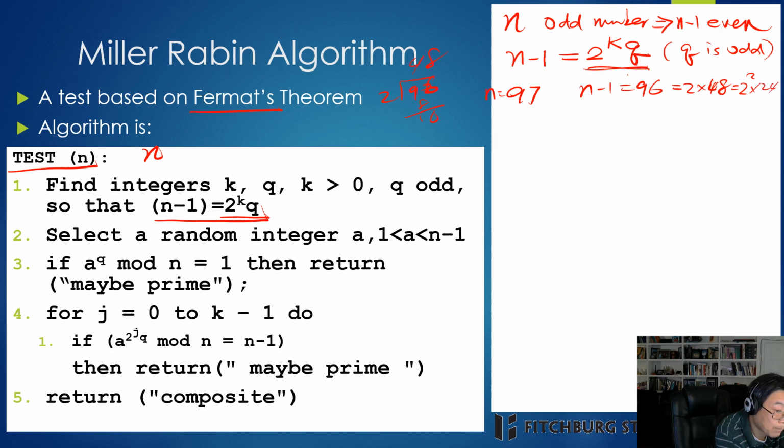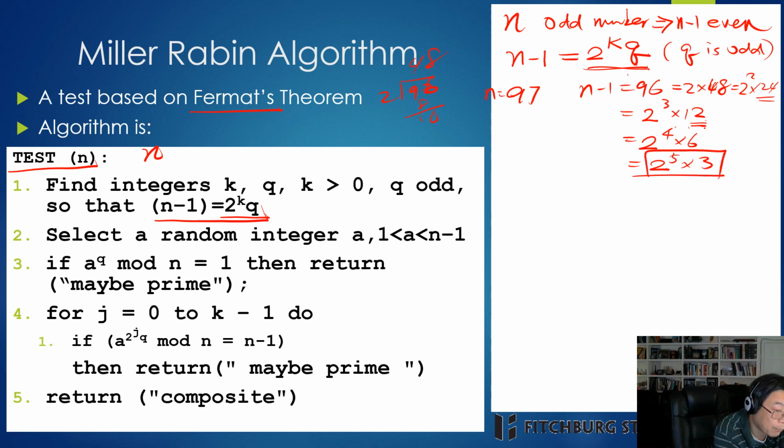Then 2 cubed times 12, since 24 can be written as 2 times 12. This is still an even number, so I can write 2 to the 4th times 6, and even 2 to the 5th times 3.